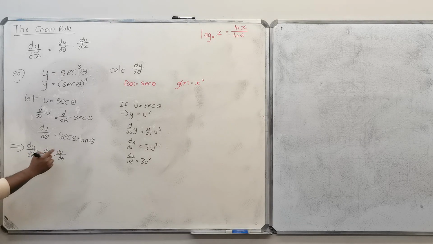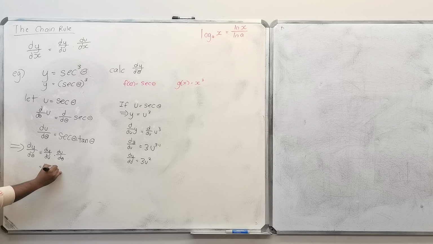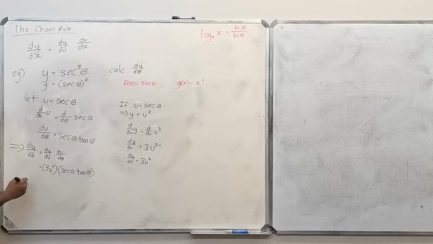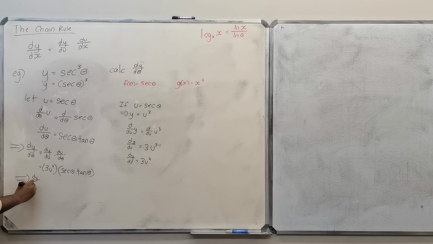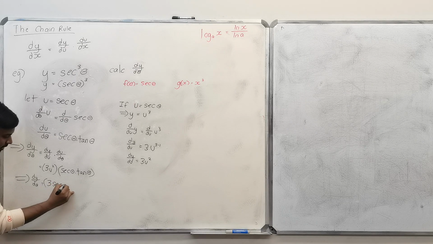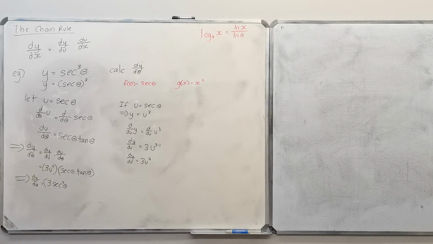dy over du is 3u squared, and du over d theta is sec theta tan theta. So your dy over d theta is equal to 3 sec theta squared times sec theta tan theta. Substitute sec there, and the whole portion is being squared.